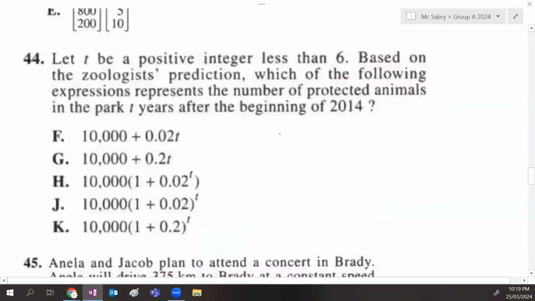The start is 10,000, and because it's increasing at a rate of 2%, this is definitely an exponential function. Exponential is y equals a times b all to the power of x.